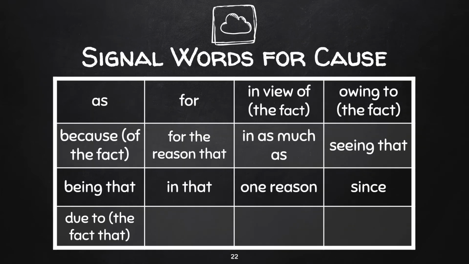These are the signal words for cause: as, for, in view of the fact, owing to the fact, because of the fact, for the reason that, inasmuch as, seeing that, being that, in that, one reason, since, and due to the fact that.